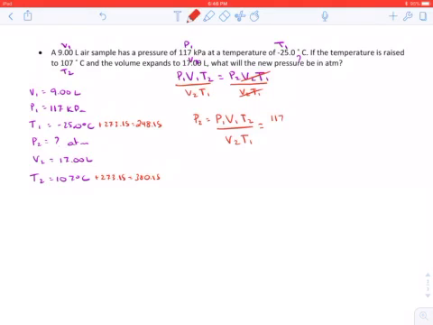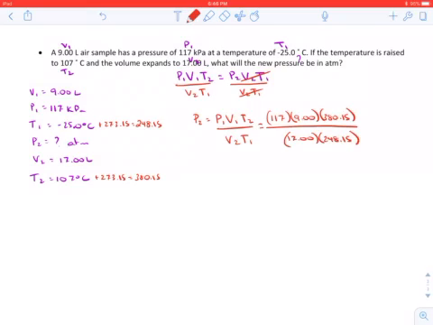P1 is 117 times V1, which is 9 liters, times T2, 380.15, over V2, which is 17. And then we're going to times that by 248.15.